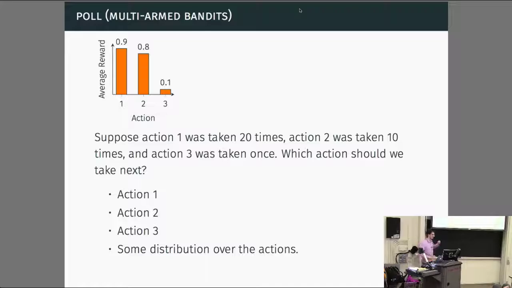So the choices are, you can take action 1, action 2, action 3, or some probabilistic distribution over the actions. The last choice gives you a lot of leeway because you're not specifying what distribution, so it could correspond to many different things.